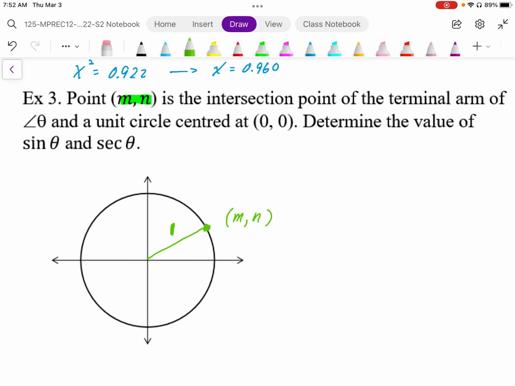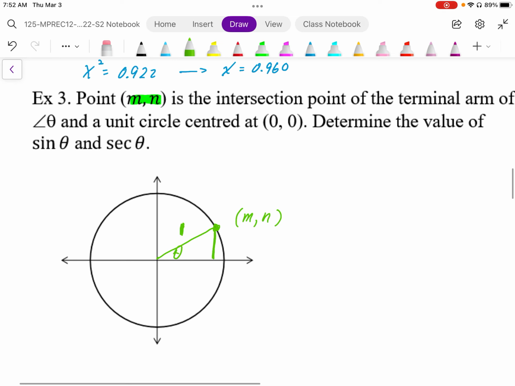That's key because if that is on the unit circle, I can define the x and y coordinates as cosine and sine ratios. So this is my angle theta. It says determine the value of sine theta and secant theta. The vertical position is going to be sine theta, so sine theta is equal to n.